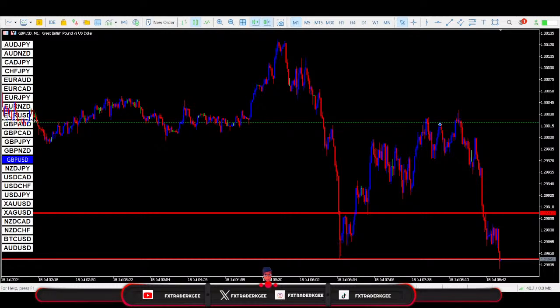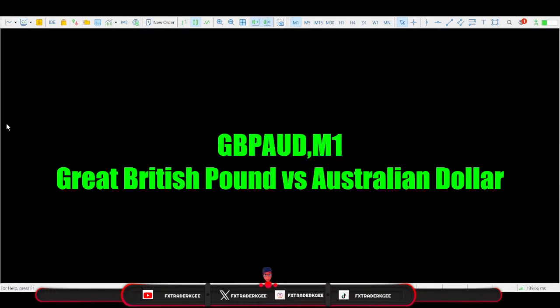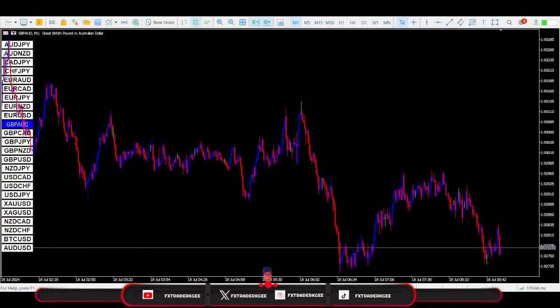Another one we were analyzing, I'm just going to hold on a little bit. That's for Euro AUD. The same thing I might also look at with GBP Australian dollar, the Great British Pound versus the Australian dollar.